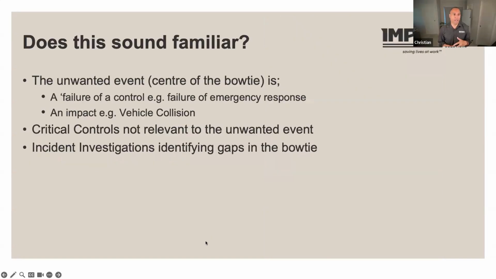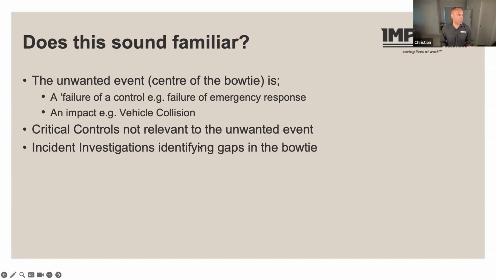This might sound familiar, and in organizations that we're with, here's how this may manifest. We're seeing the center of the bow tie could be a failure of a control, or it could be a consequence. We see critical controls that aren't even related to the unwanted event, but they're thrown in there. We're seeing that our reviews, so our investigations or our critical controls verifications, are finding gaps in our bow ties.